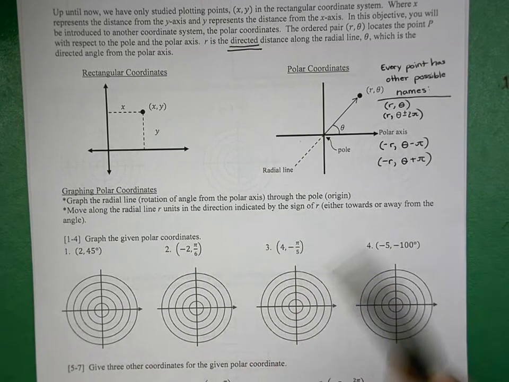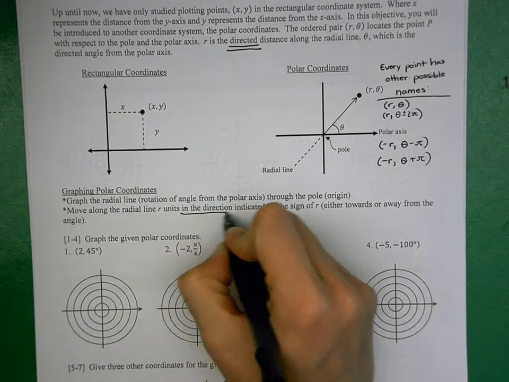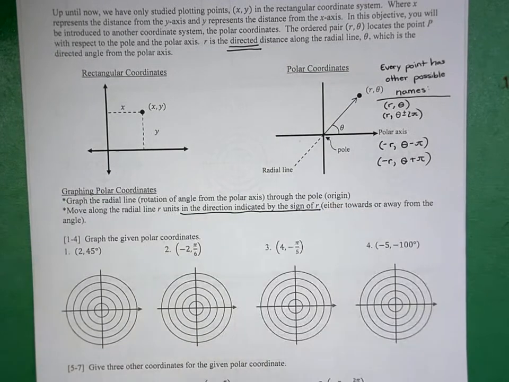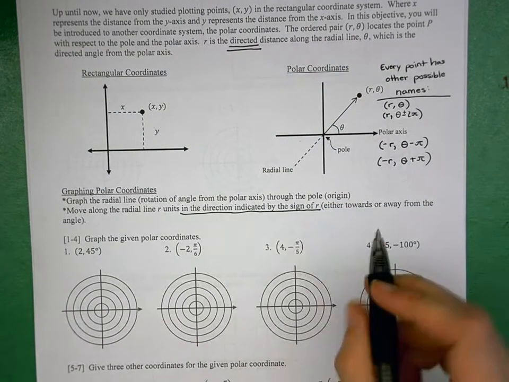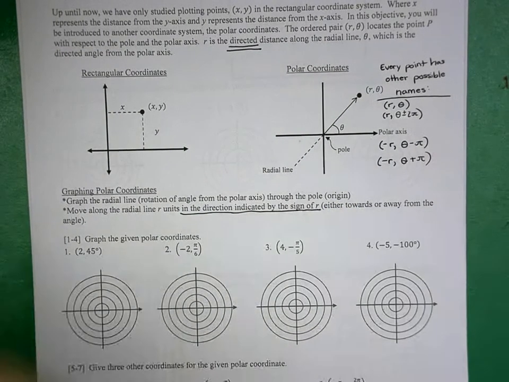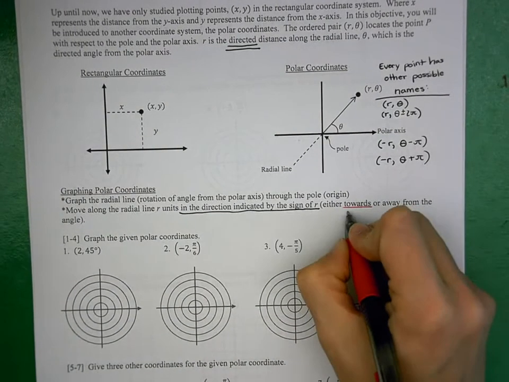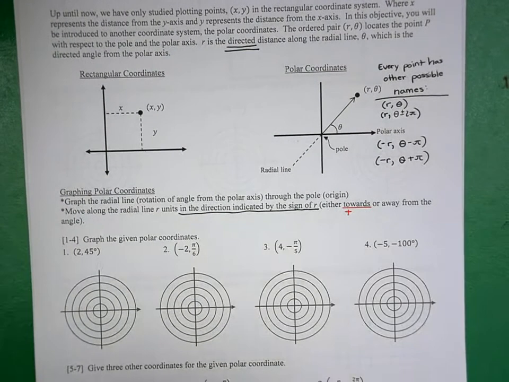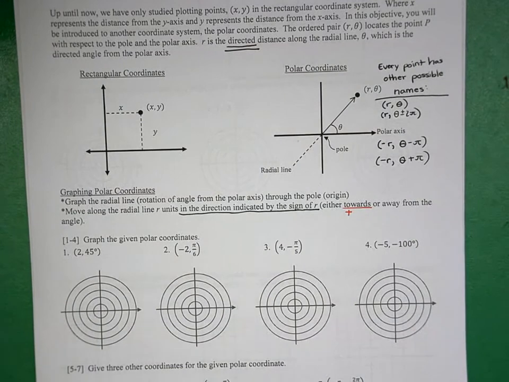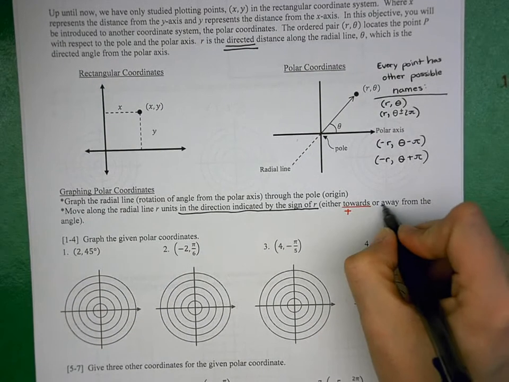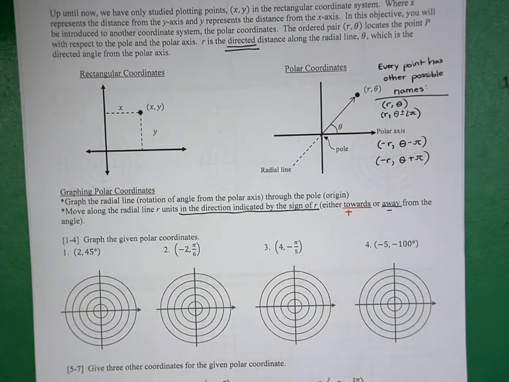And so this is where that positive negative idea comes in, because if it's positive, you are going to move towards your angle. And if it's negative, you're going to move away from your angle, in the opposite direction. And so the sign of r is going to determine which direction we move, and then the numeric value of r tells you how far to move.